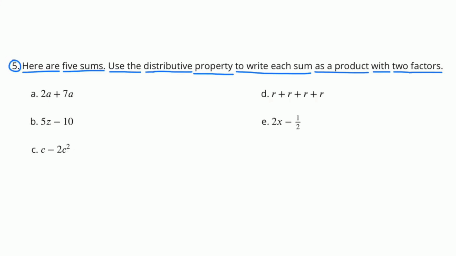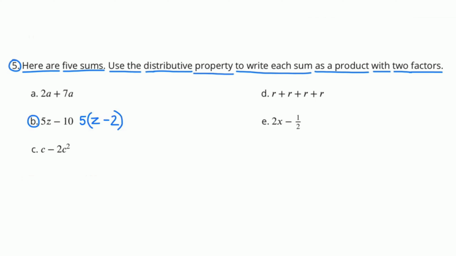Number 5. Here are 5 sums. Use the distributive property to write each sum as a product with 2 factors. A. 2a plus 7a. The common factor is a, so I'll pull the a out and keep it on the outside of the parentheses. So it'll be a times 2 plus 7.